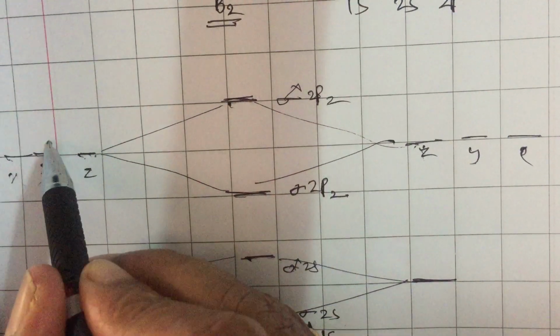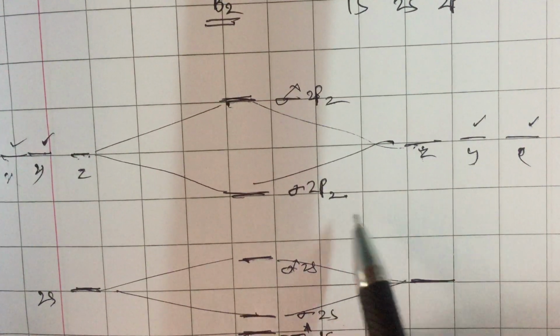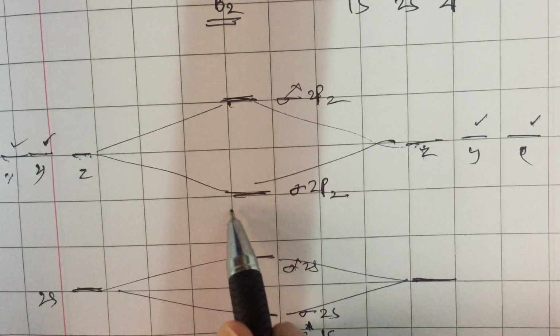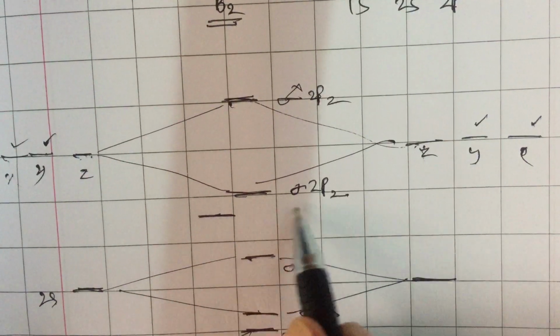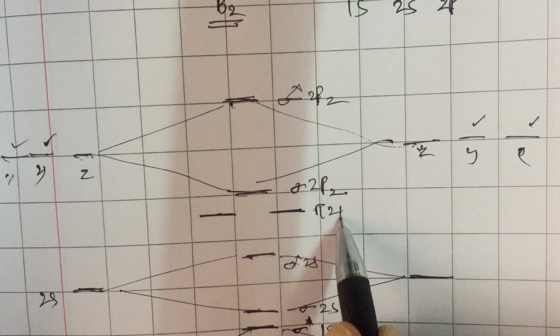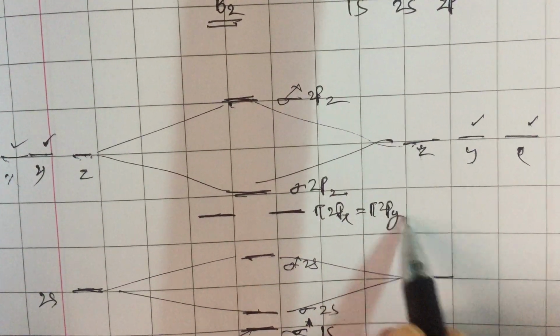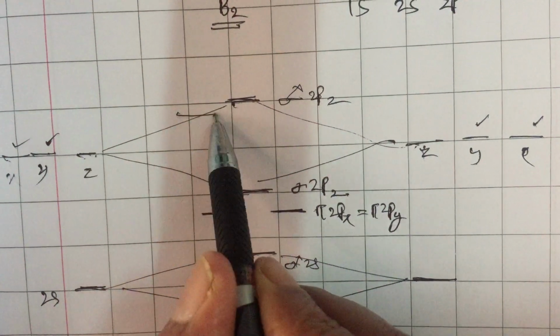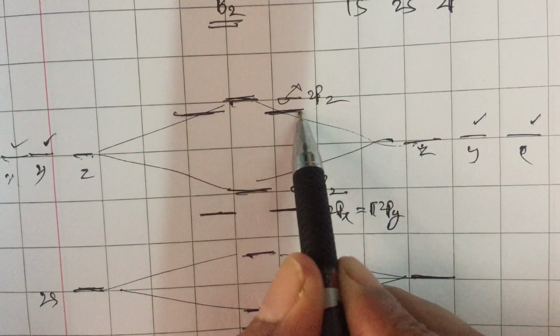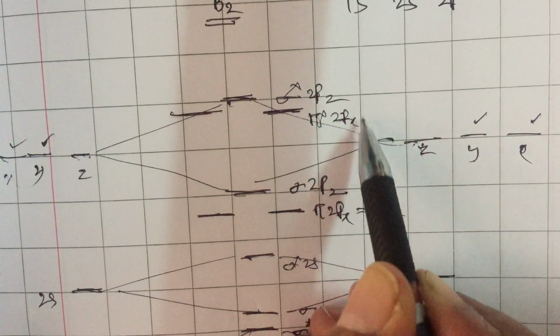And now the y and x will have a lateral union and their linear combination will give pi 2px and pi 2py molecular orbitals which are of the same energy, and pi star 2px, pi star 2py molecular orbitals of high energy.